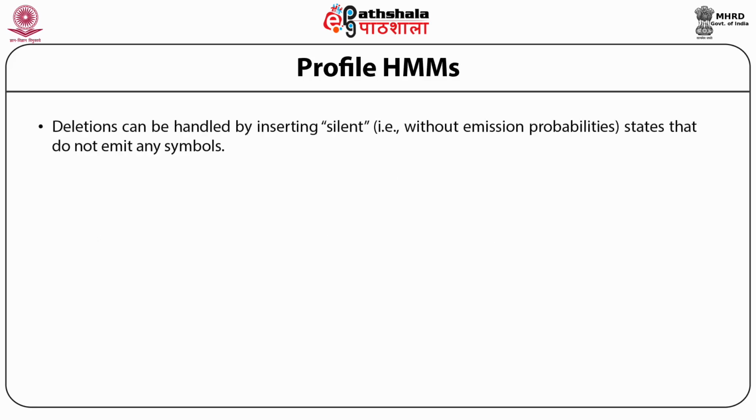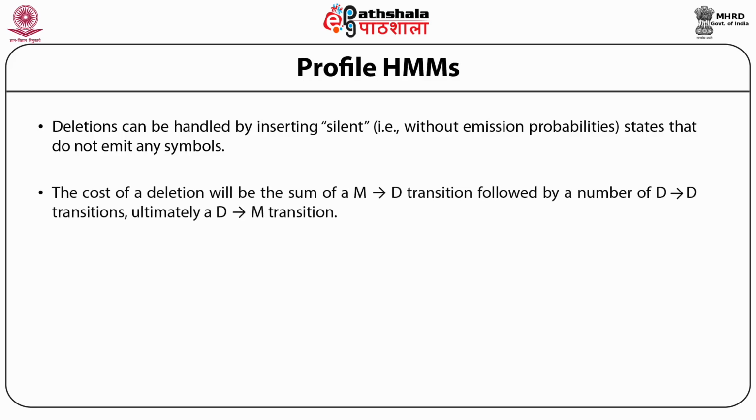Deletions are handled in a similar way. Now we will have some silent states which do not have emission probabilities. So let us call them D. The cost of a deletion will be the sum of going from the match states, M states, to D states, and then there can be more than one D state, so you can go from one D state to another, and those transition probabilities can again be trained so as to handle different kinds of gap penalties.